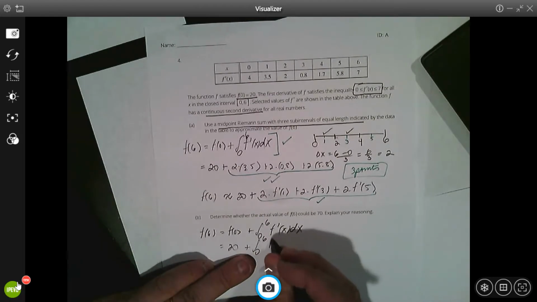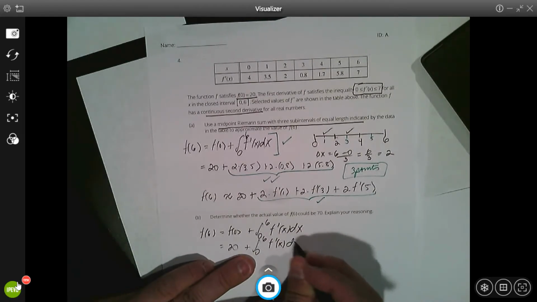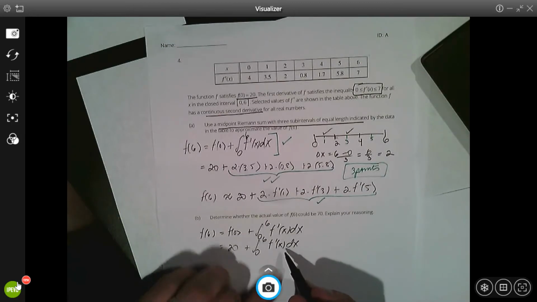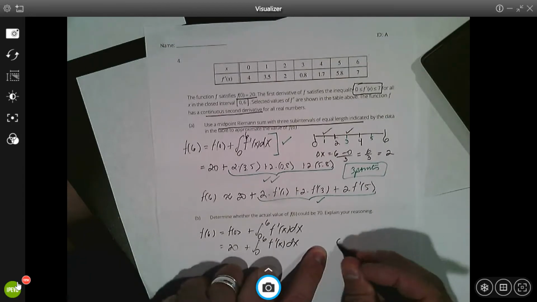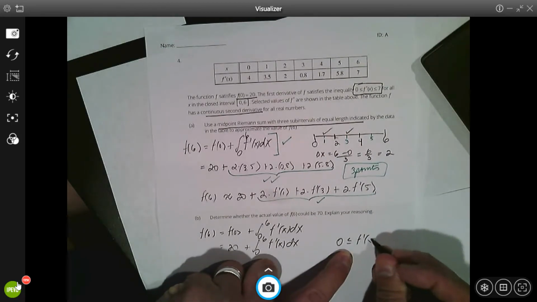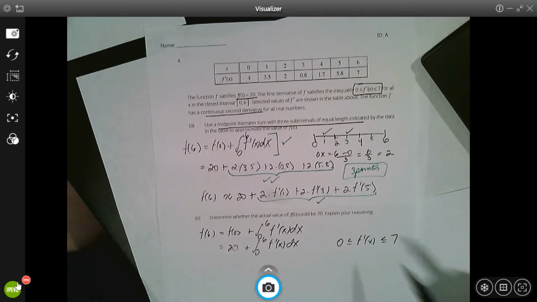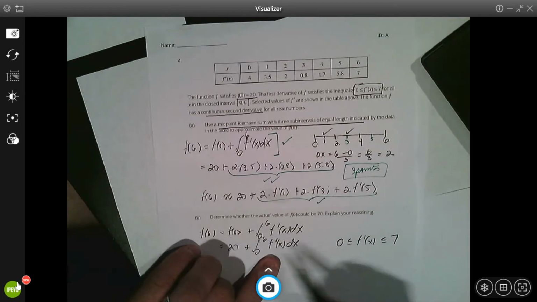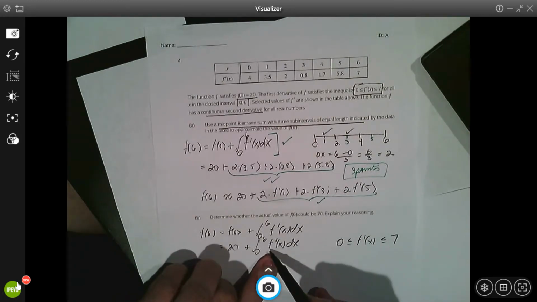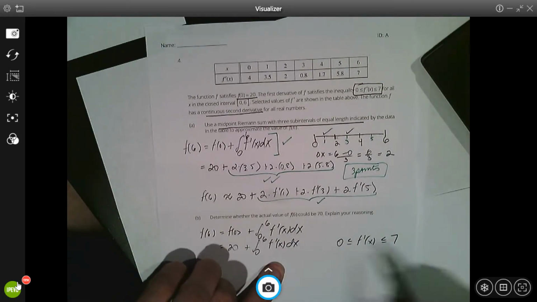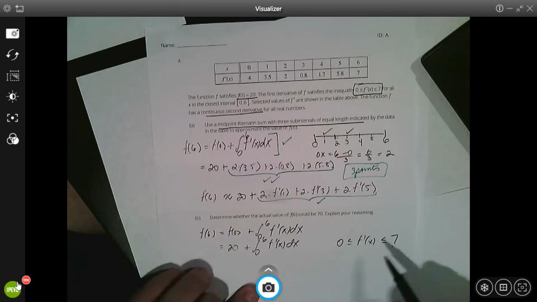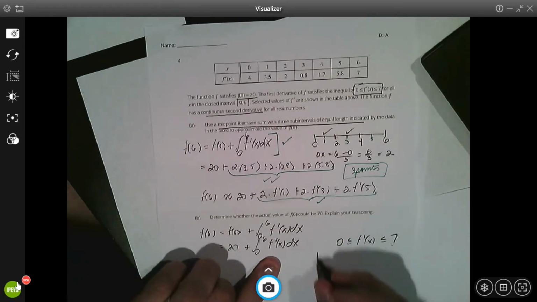We don't know exactly what the value of the integral of the derivative is, but remember earlier they told us that the derivative was always going to be between 0 and 7? That means the largest value that the derivative could take on is 7, imagine graphing the derivative.